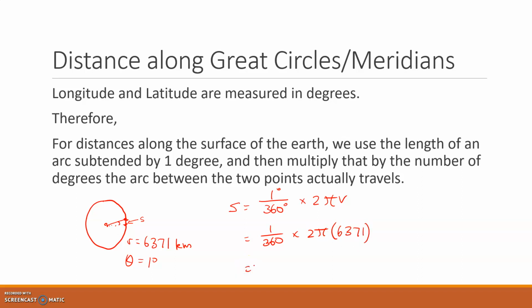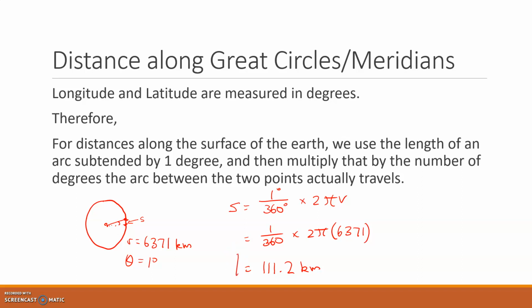So let's work out what that answer is. 1 divided by 360 times 2 times pi times 6,371 is roughly 111.2 kilometers. So if we travel 1 degree of longitude or latitude on the Earth's surface, we consider that to be 111.2 kilometers.